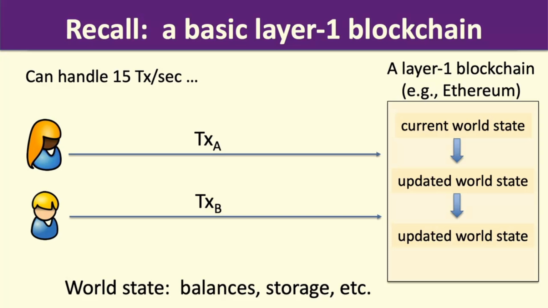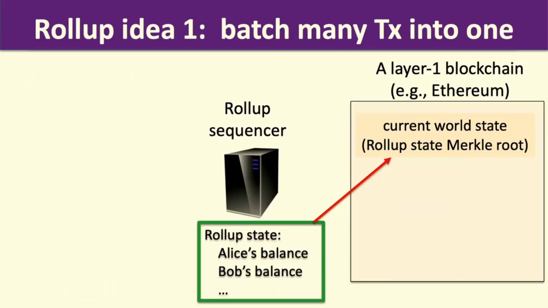This level of replication, both on the data end and on the processing end, is what fundamentally limits them to these low transactions per second numbers. So the basic idea of a rollup is to batch many transactions into one.